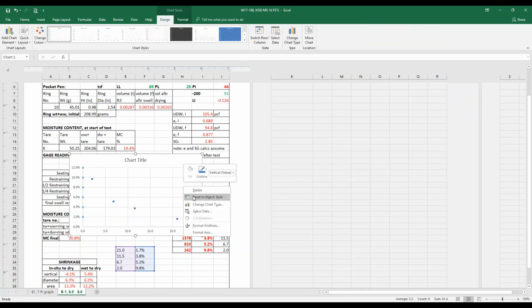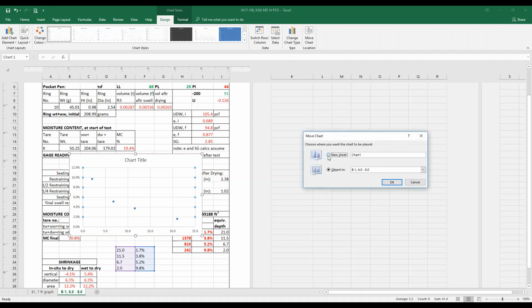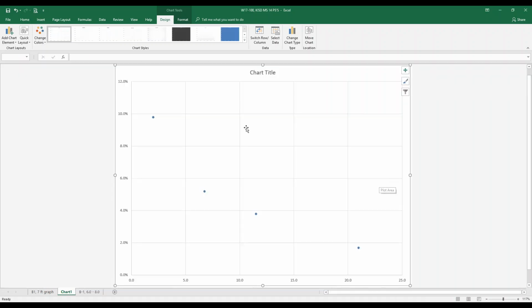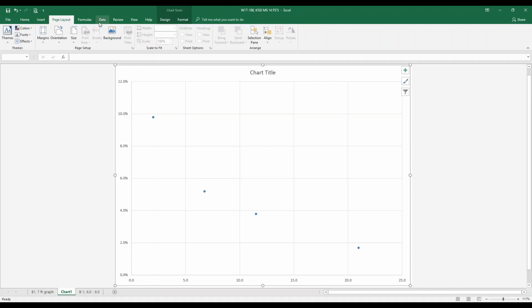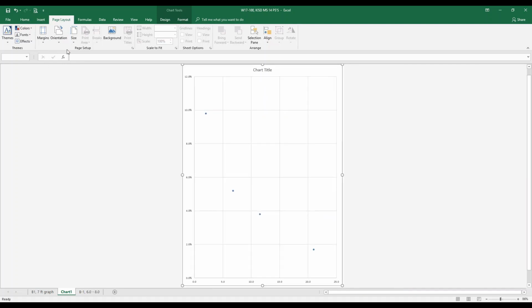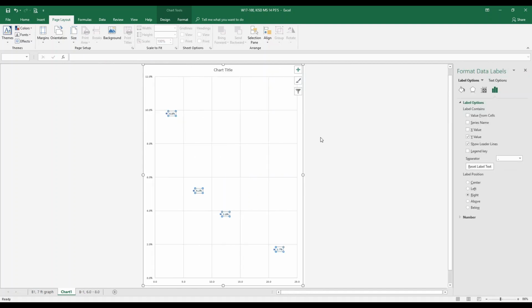You see that there? I'm going to move those to a new chart, make a new sheet. Just let that be called chart 1. There it is, and because I dislike the portrait layout, I'm going to change the orientation. I'm sorry, I don't like the landscape layout. Changing to portrait, and we're going to go ahead and add data labels to the data points.